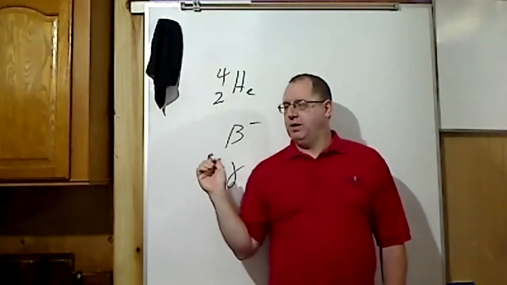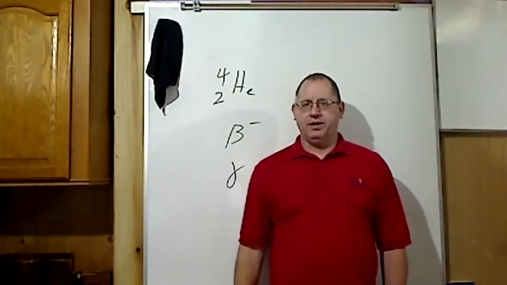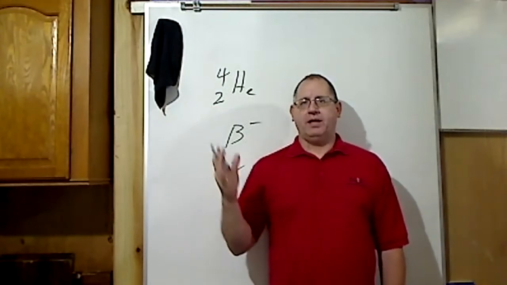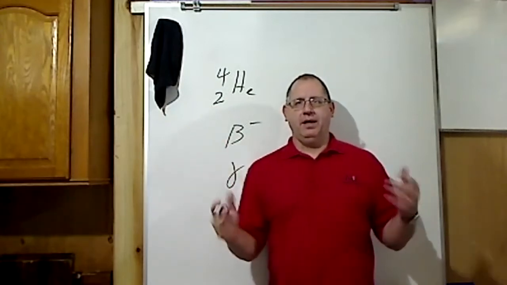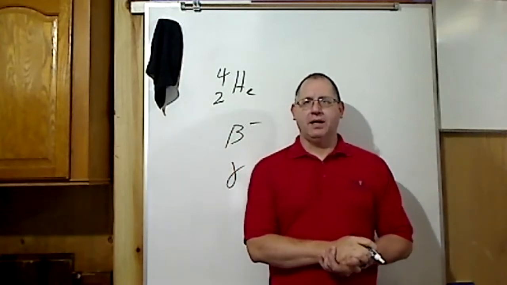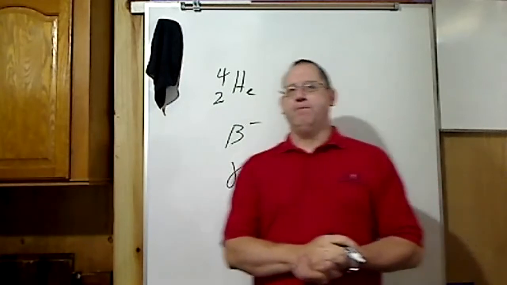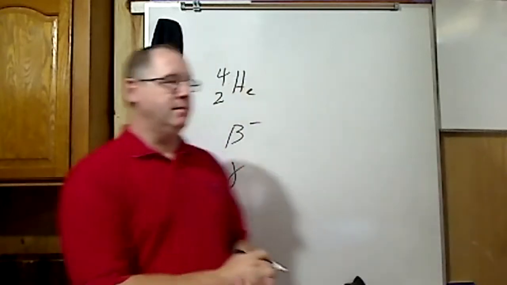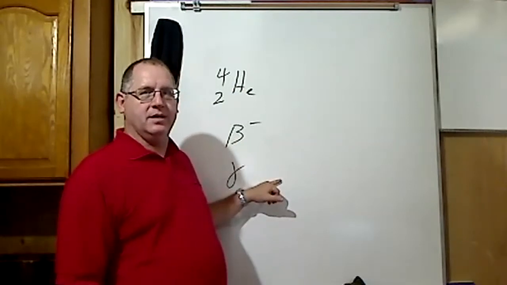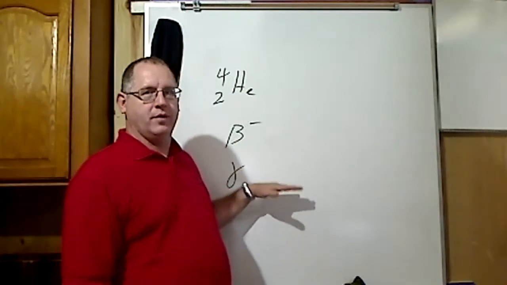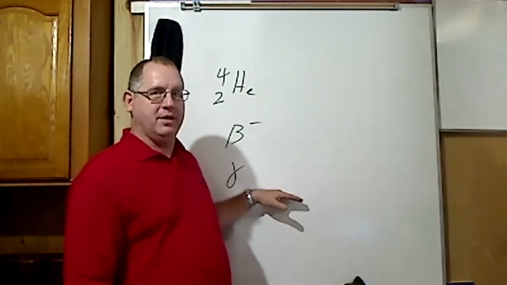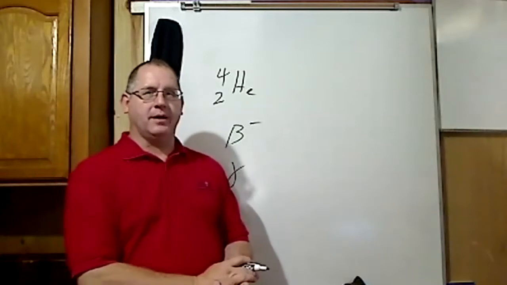But if I want to block the gamma radiation, this shirt is going to do nothing for it. As a matter of fact, if we had 3 feet of lead, that is only going to block about 98, 99% of it. Okay. So this is very hard to block, even though it does less damage for the amount of energy we have. It does a huge amount of damage because we can't block it.